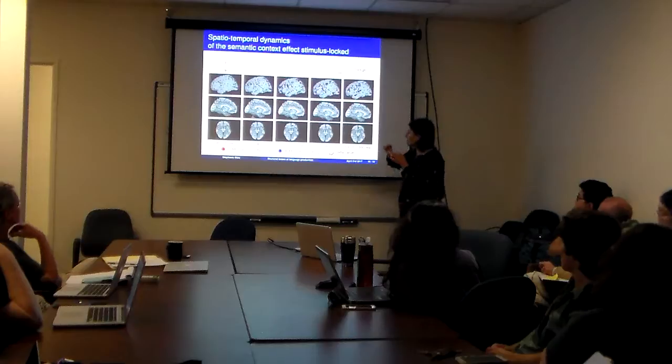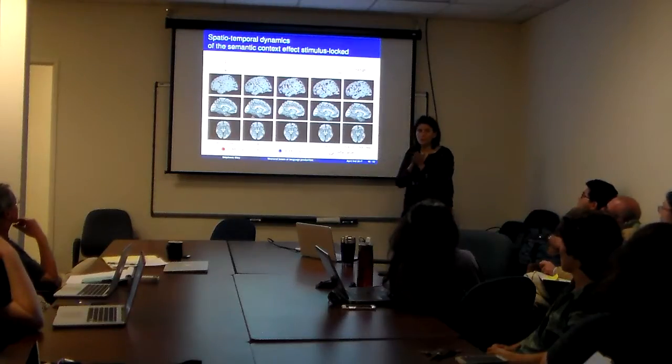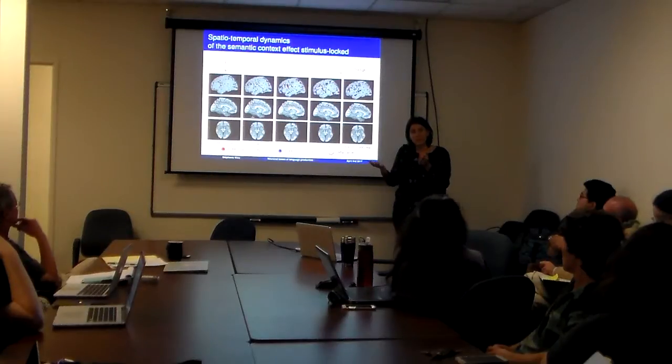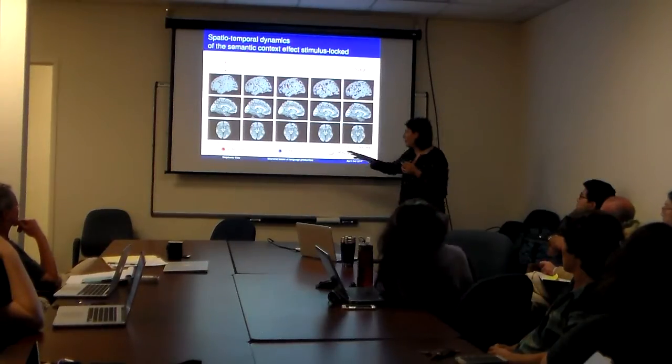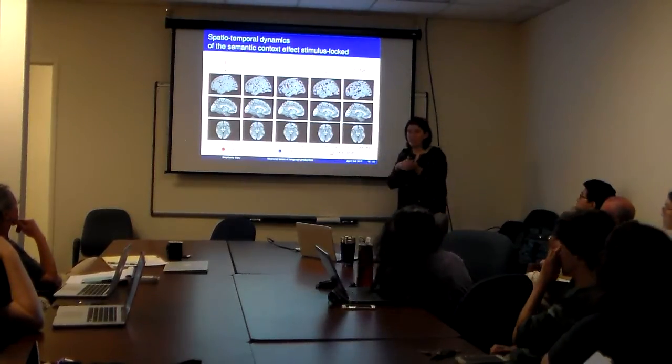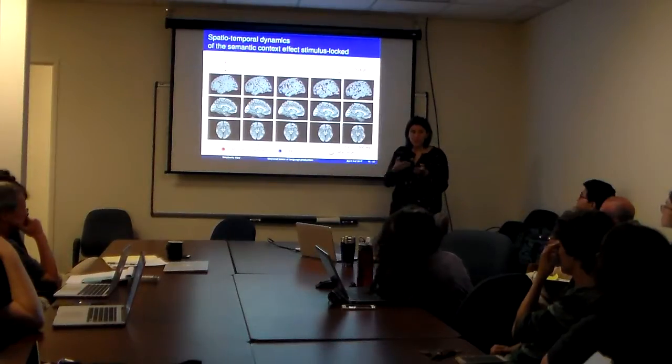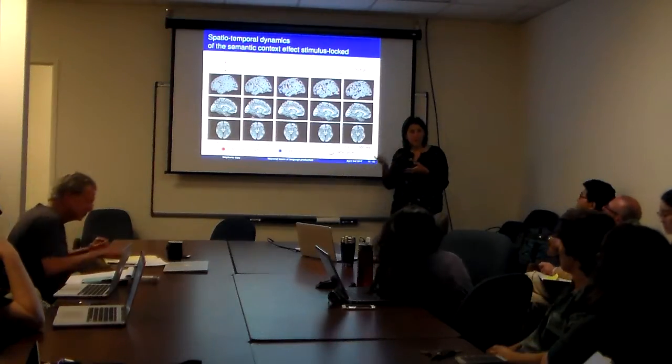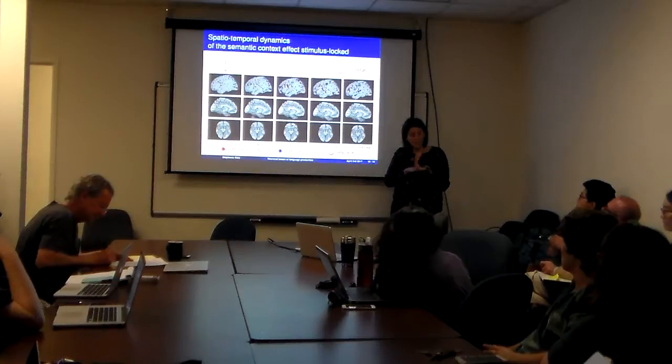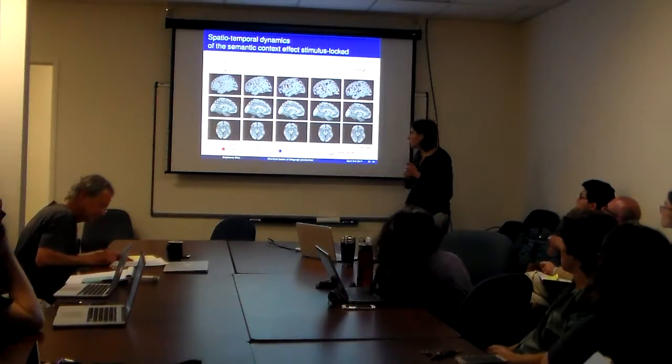Red dots correspond to the effect in the expected direction, so more activity for homogeneous blocks than heterogeneous blocks. And the blue dots correspond to the effect in the opposite direction, what I call semantic priming, so more activity for heterogeneous than homogeneous blocks.